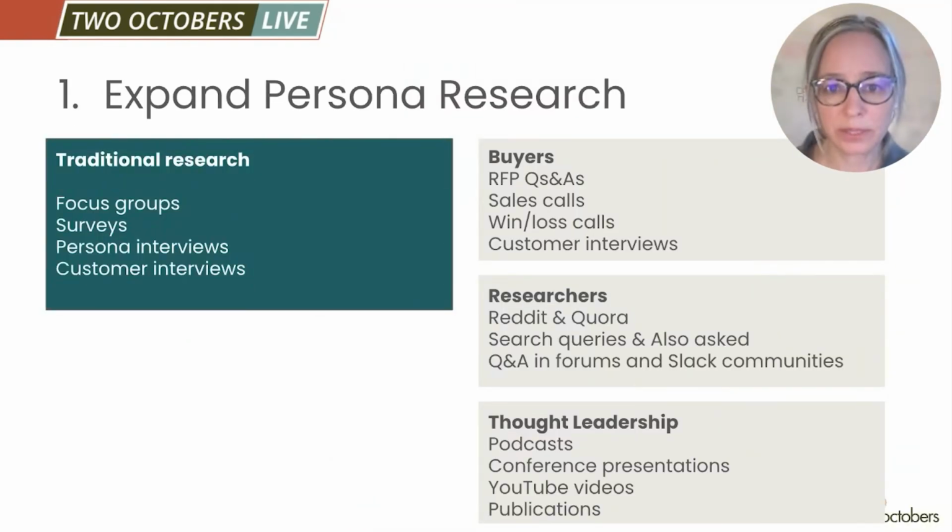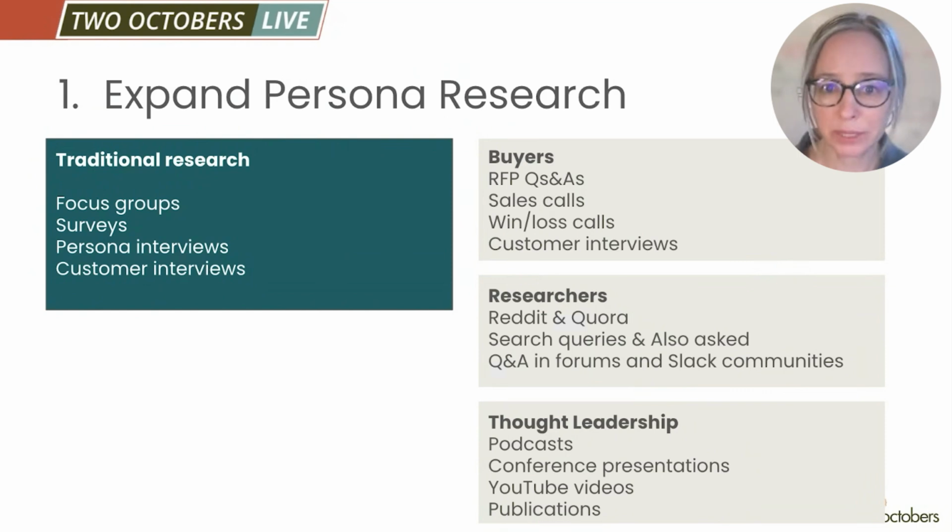We have developed a process that helps us take a lot of data inputs and develop a more expanded persona, really focused around this idea of buyer questions. When you do persona research traditionally, you might do things like hold a focus group or do a survey, do some persona interviews, do some customer interviews. All of those things are really great sources of information, and they're still worth doing.